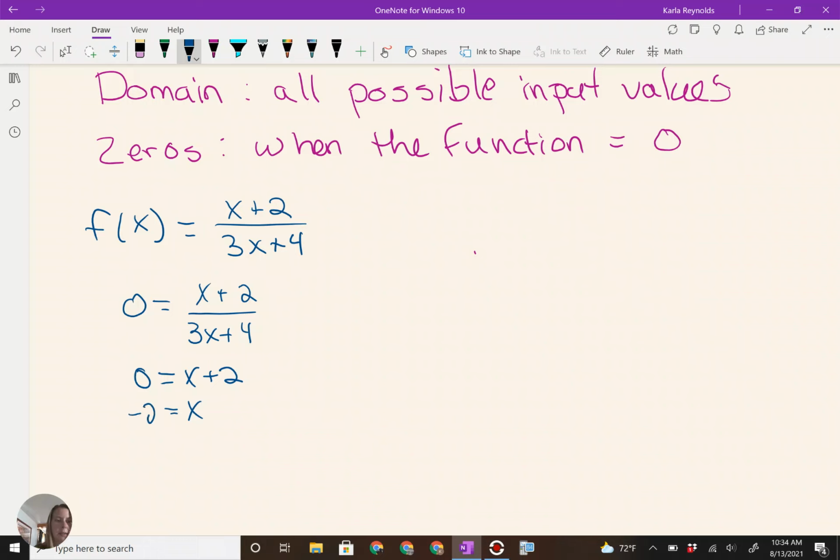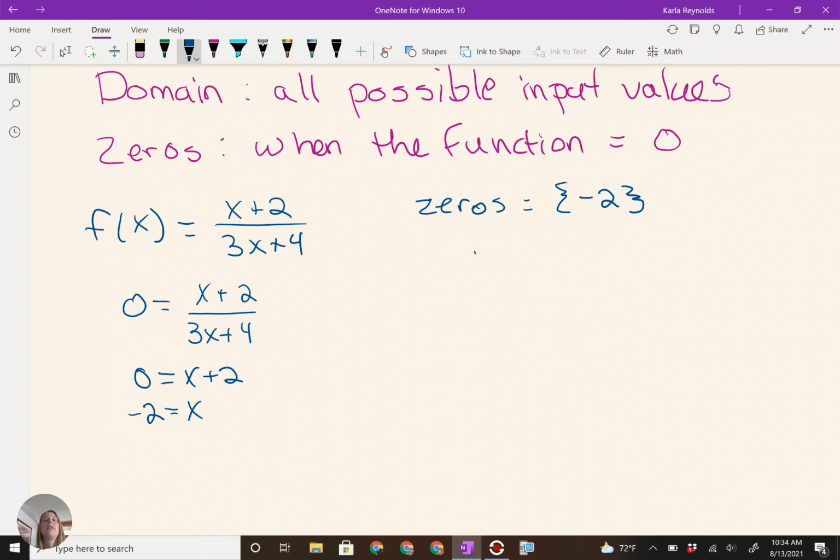Subtract the 2, and the function equals 0 when x is negative 2. You can write the answer in set notation, which is these braces, I think is the technical term. I call them squiggly brackets. So negative 2 is our 0. If you have a fraction, just look at the numerator, and that'll be your 0.